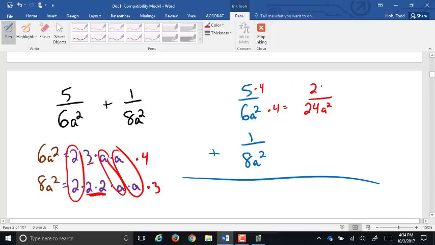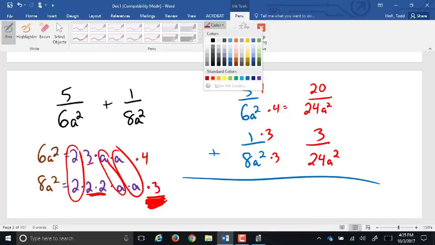Well, also times 4 gives me 20. What did I have to do to the 8a squared to make a 24a squared? Times 3. So what do I do to the 1? Times 3 to make 3.